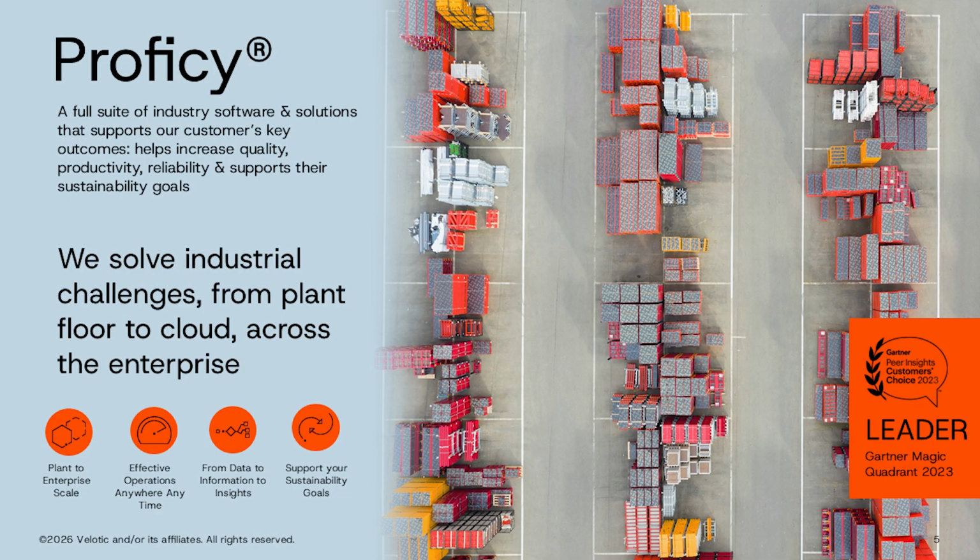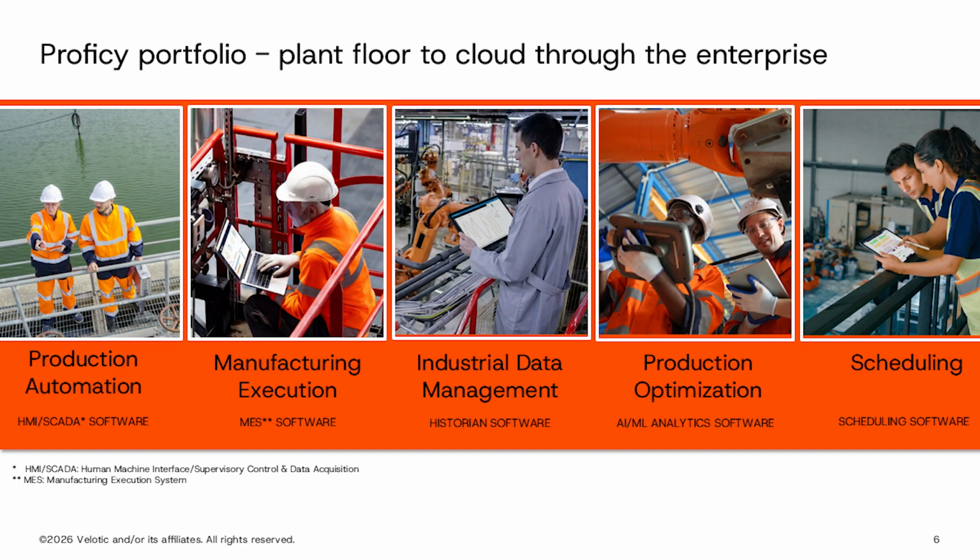I'll start just by highlighting our Proficy suite a little bit. Simplicity is part of the Proficy suite. The Proficy suite covers everything from on-premise communications and industrial automation all the way up to cloud-level MES management. This highlights that the Proficy suite covers multiple aspects of the industrial automation landscape.